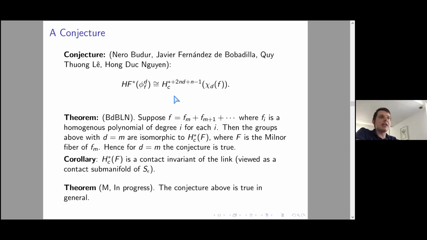And somehow they just look at this spectral sequence that I used, and they show that it maybe degenerates or something in this case. So D is equal to M, and so they recover this compactly supported cohomology of f_m. So they just play around with these spectral sequences that have existed before. I'll talk about these spectral sequences later on if I have time.